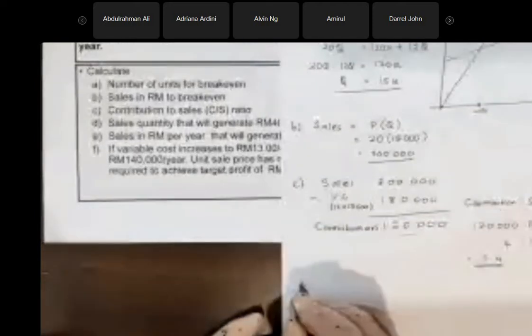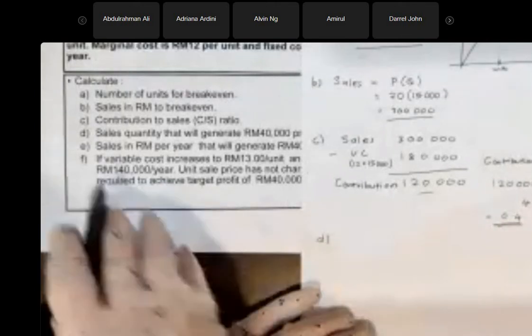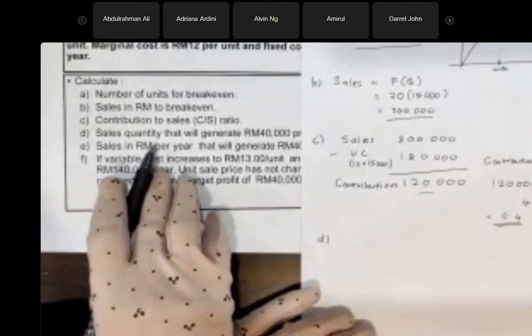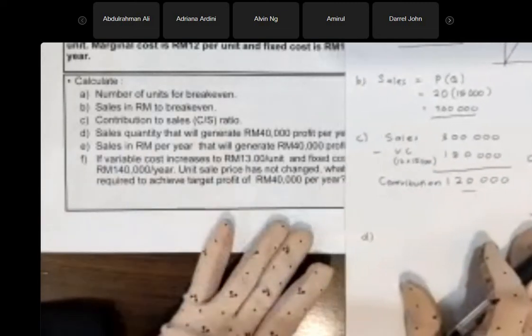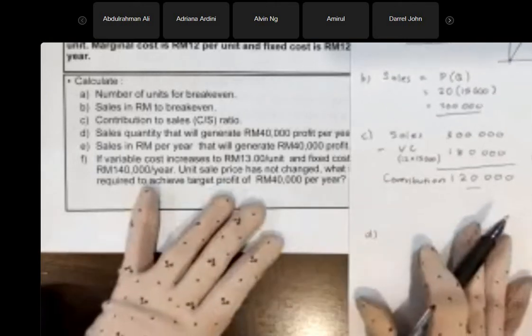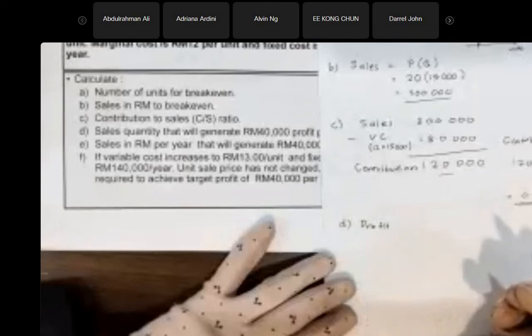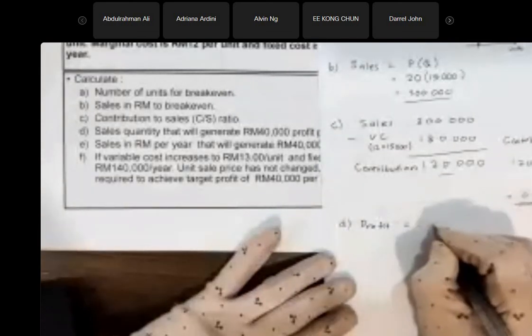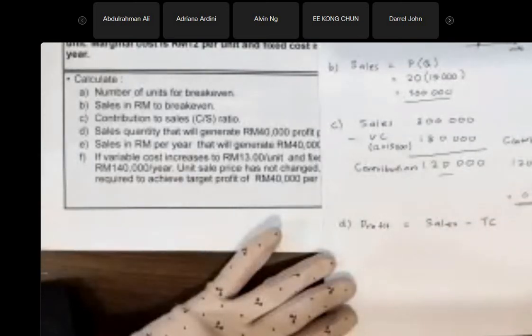And then the quantity of sales that will generate 40,000 profit per year. So you know what the profit is, right? So your profit is 40,000, and the formula is sales minus total cost.